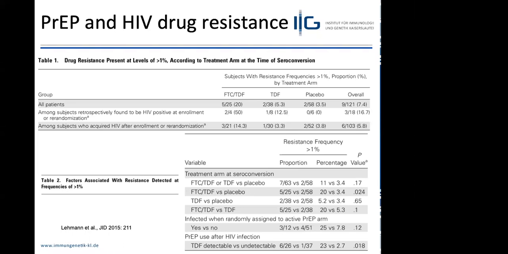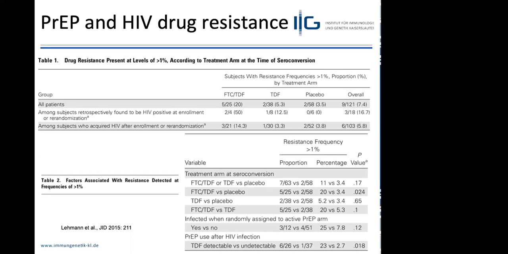So if PrEP is used more and more often, we will see some failures, and at least in some of these failures, we will see drug resistance, and we will only learn in the future whether this might be a real factor contributing to a higher prevalence of drug resistance in our overall population.